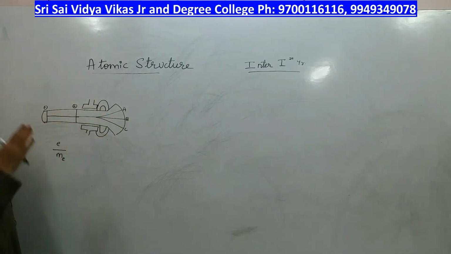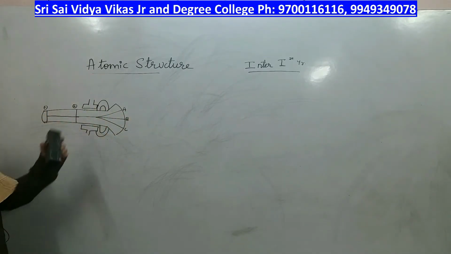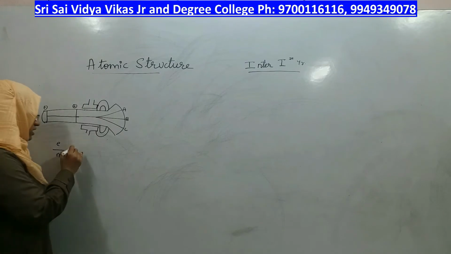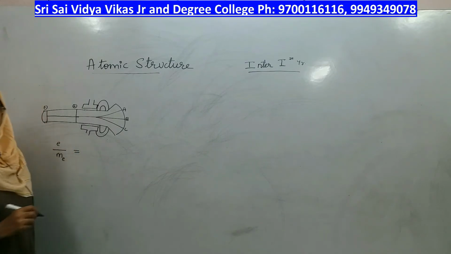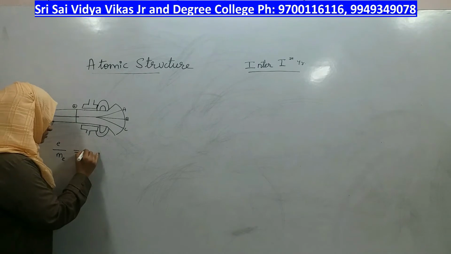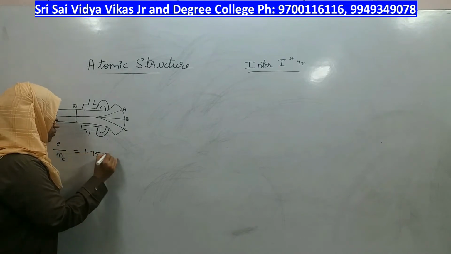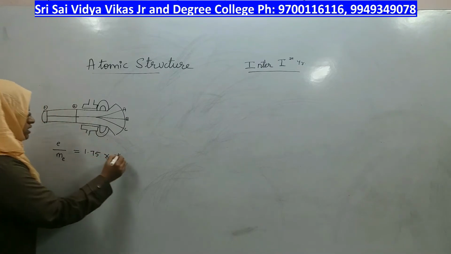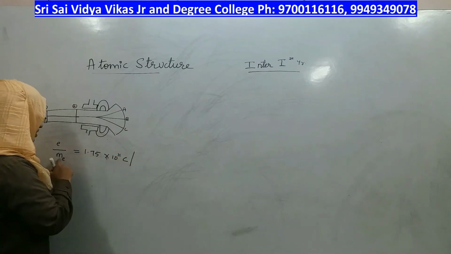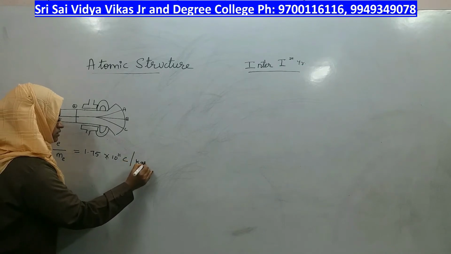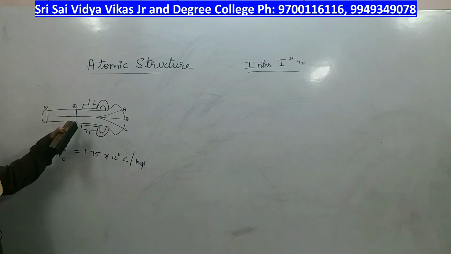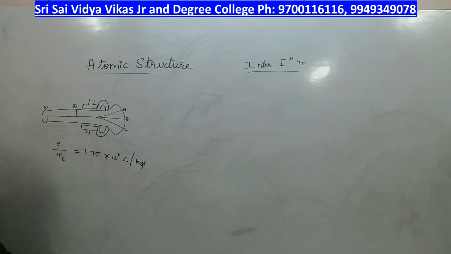So, by maintaining the field strengths accurately and taking quantitative measurements, you got a value, and that value is called the charge to mass ratio of the electron, which is 1.75 into 10 power 11. Charge is in coulombs and mass is in kgs. So, this is the experimental value you got by this modified cathode ray discharge tube experiment.